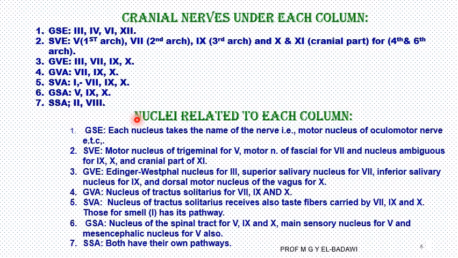The last thing here is to know the nuclei related to each column. In the general somatic efferent group or column, each nucleus takes the name of the nerve, that of the oculomotor, of the trochlear, of the abducent, of the hypoglossal.